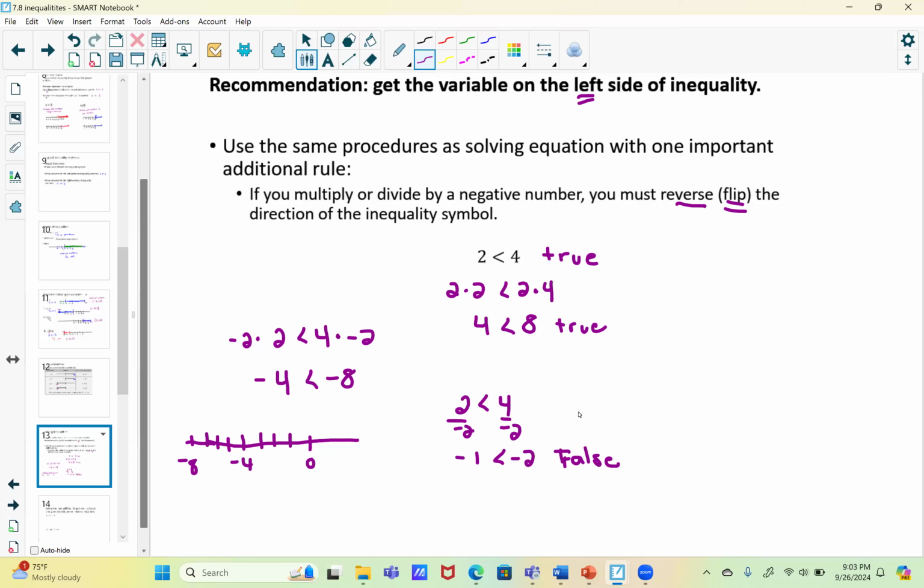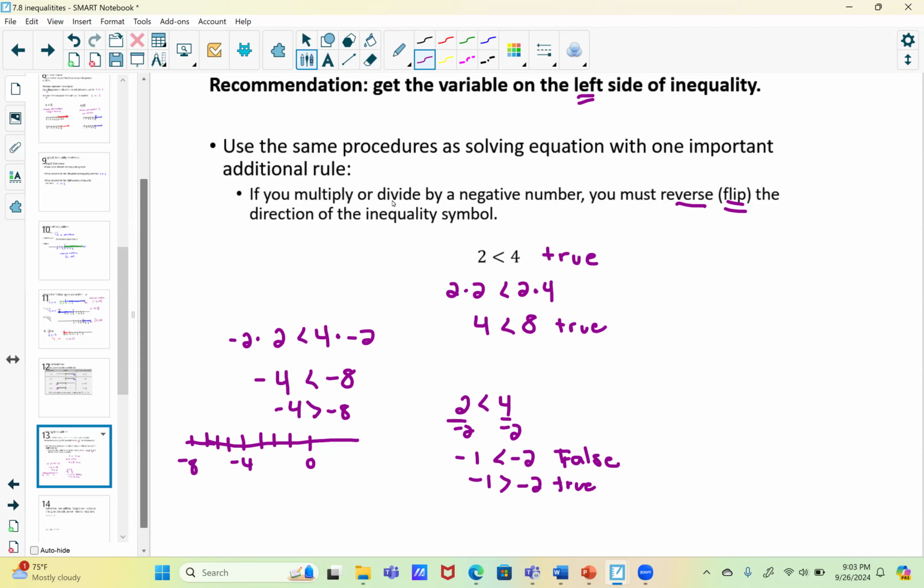So if I divide by a negative, this is false. What we do is we flip the inequality down here. So I'd have -1 is greater than -2, and then it's true. And here, same thing, we'd have to flip the inequality to make it true.